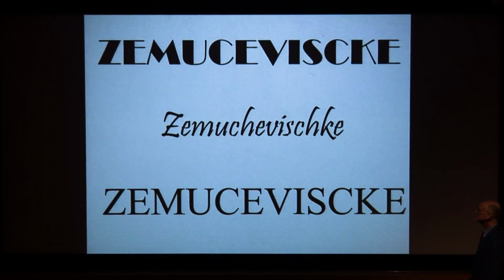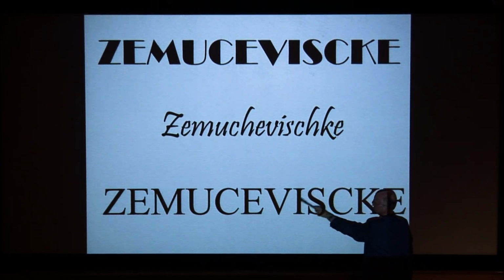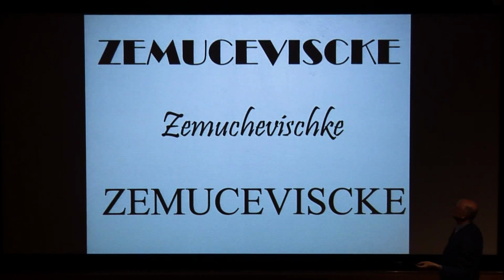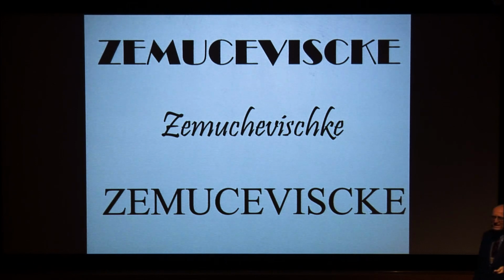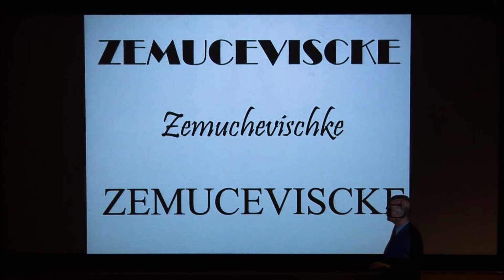For example, it seems to me that Zamushkevich up there is a rather different thing from Zamushkevich here, and then again different there. I have no idea what this word means since I just made it up. But you see, even when you don't know the linguistic, the semantic content, script matters.